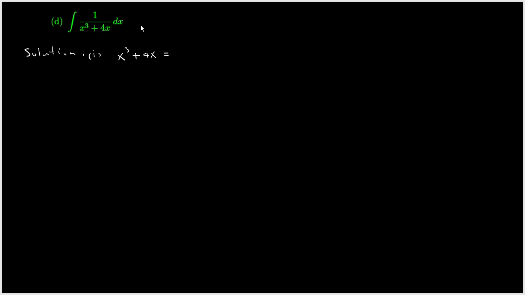If you have a polynomial of degree 3, it's for sure it can be factored. You take out a common factor of x, right? And then you have x squared plus 4. x squared plus 4 cannot be factored further. You can check. I'm talking about the underlined x squared plus 4 only, the quadratic factor. For this one, a is equal to 1, b is equal to 0, and c is equal to 4.